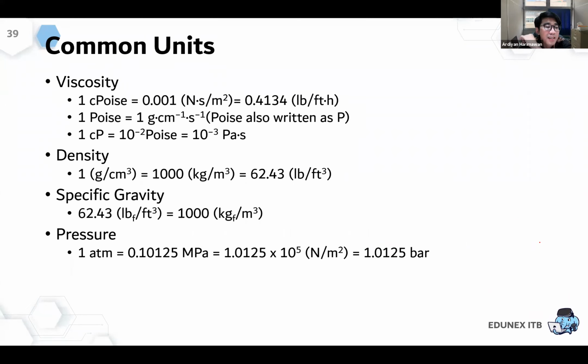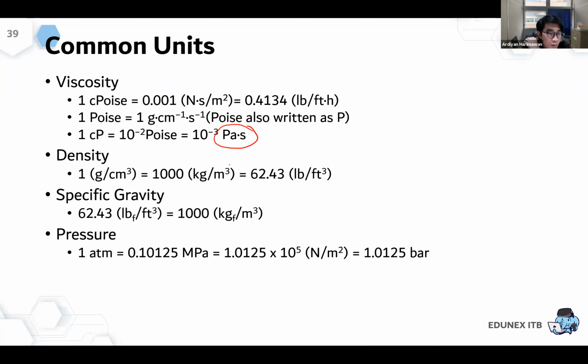Okay, later we will also discuss what we call viscosity. Viscosity has units, of course. Normally we can use 1 centipoise or 1 poise, or the standard unit will be Pascal second.